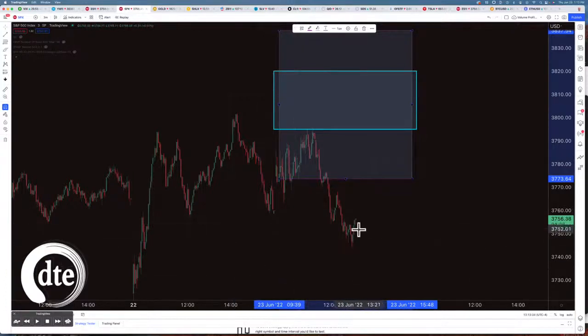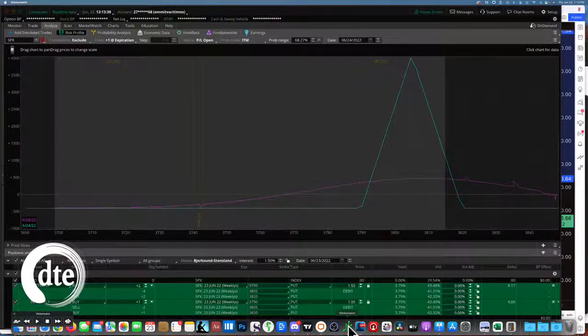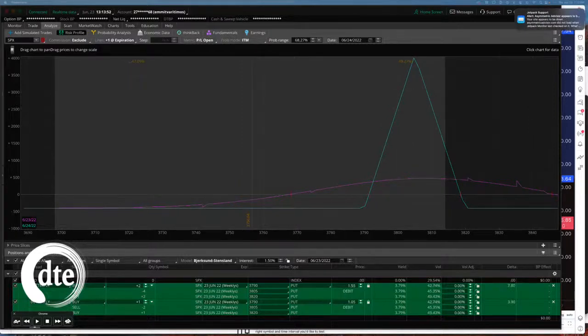So here I am right now. My trade is underwater by about $145. Let me just check to see if that's correct. Yes. So I'm underwater by about that. But that's not bad.